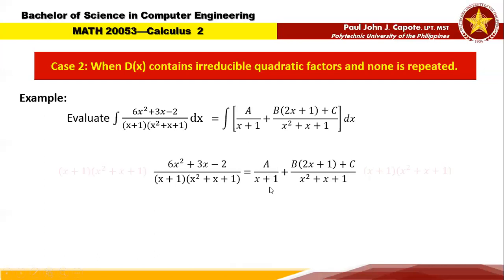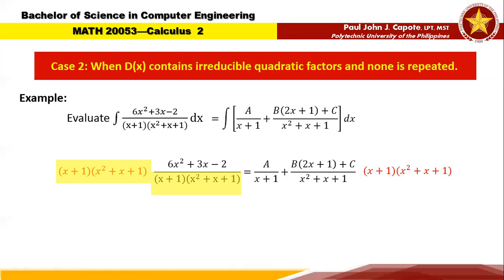To do that, we will multiply both sides of the equation by the expressions in the denominator. The purpose is to eliminate those factors to solve for A, B, and C.